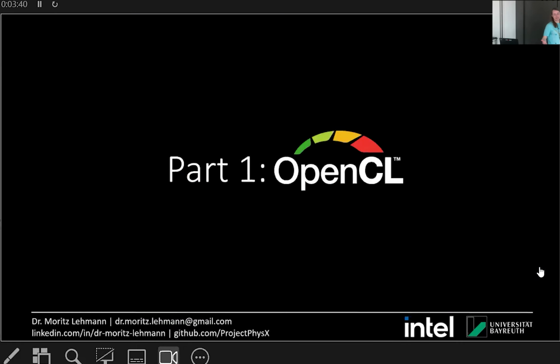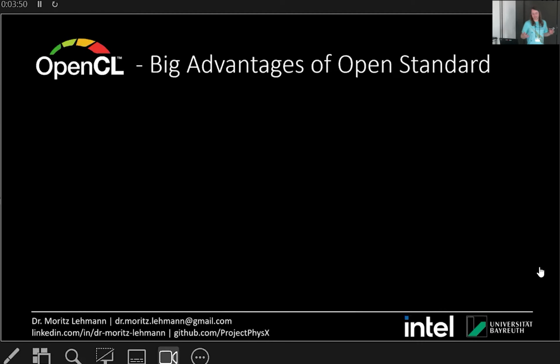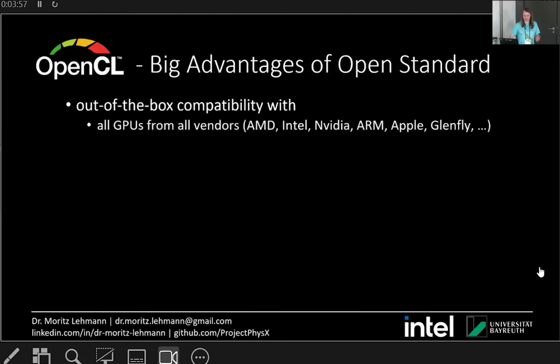So, part 1: OpenCL. 7 years ago, when I started with FluidX3D, it was one of the best decisions of my life to go with OpenCL and not CUDA. OpenCL has gigantic advantages. It is out of the box compatible with all hardware, all GPUs from all vendors. That includes AMD, Intel, NVIDIA, ARM, Apple, even some exotic vendors like Glenfly, who you probably never heard of.